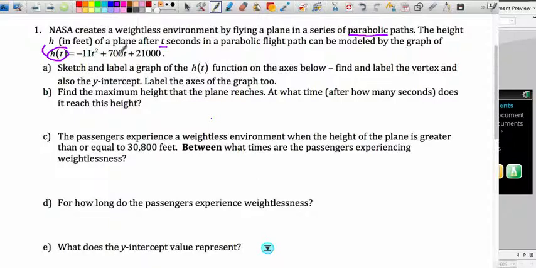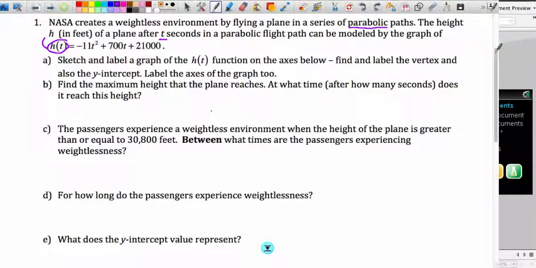And then you see our equation here, minus 11t squared plus 700t plus 21,000, is an equation with t as the variable. The idea being, if we substituted in different t values, different times, we would get the height of the plane as the answer when we substituted in the different values.